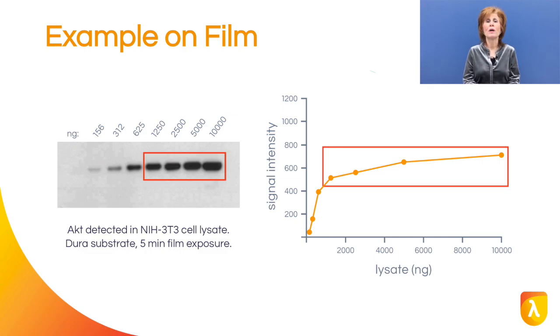The last 4 are not. The signal should be shooting straight up, but instead you see an abrupt plateau, indicating that the detector, meaning the film, cannot differentiate the variation in the signal from the increasing amounts of the loaded target. This means the data are lost.